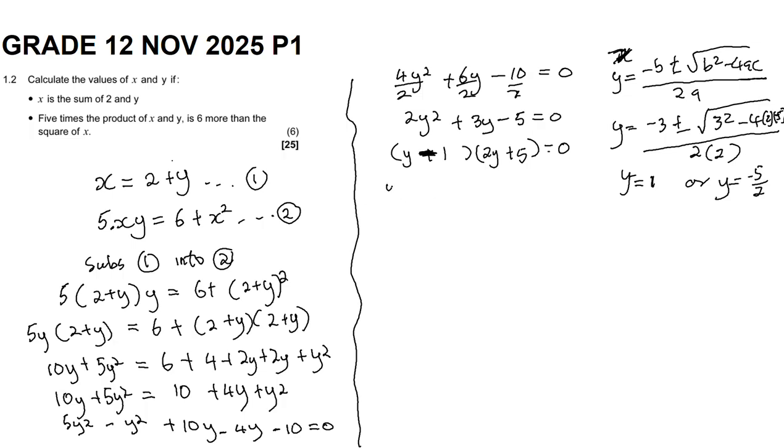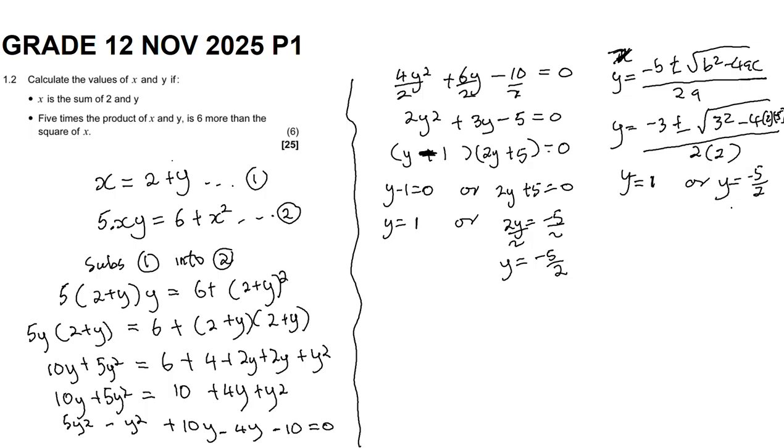So you're going to have y minus 1 equals 0, or 2y plus 5 equals 0. Then we solve now. We're going to take negative 1 to the right hand side and be left with y equals 1, or 2y equals, when we take 5 to the right hand side, negative 5. We divide both sides by 2, we're going to be left with y equals negative 5 over 2.